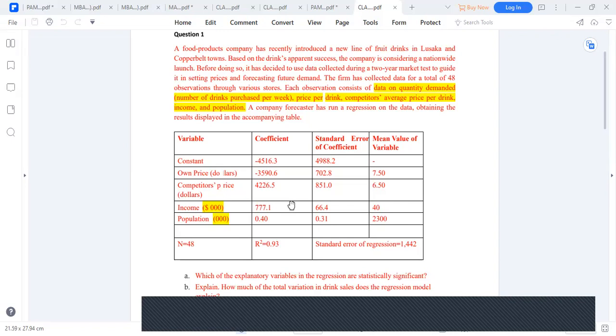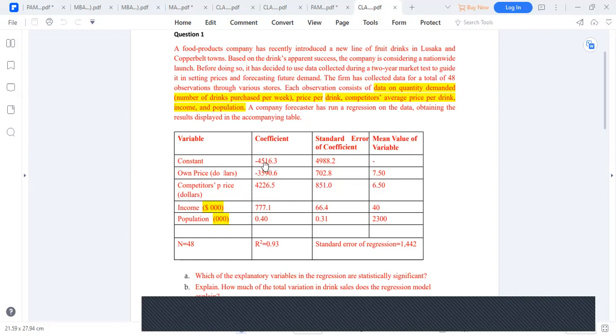We have competitor price, it's also significant. We also have income, it's also significant. All values that are below that are insignificant. So when we divide these figures, if you're not given a percentage, we usually use the standard of 5%.